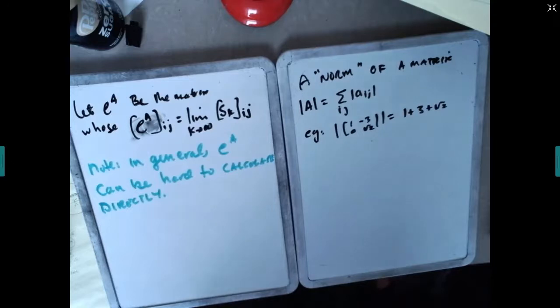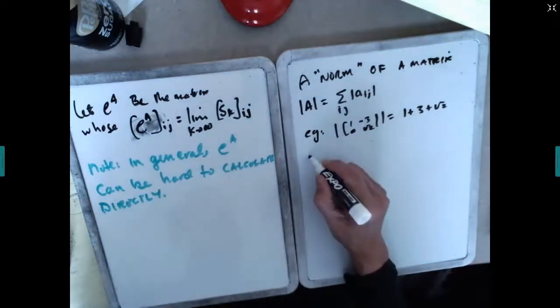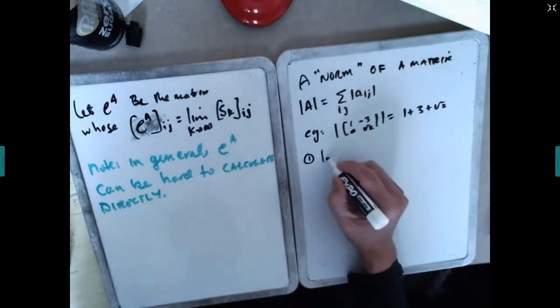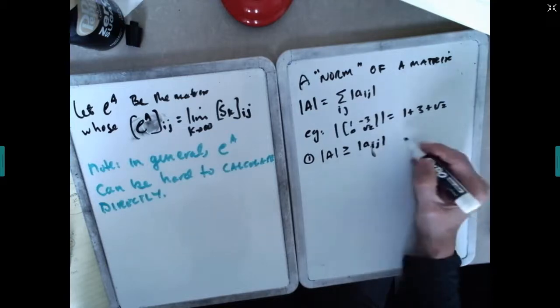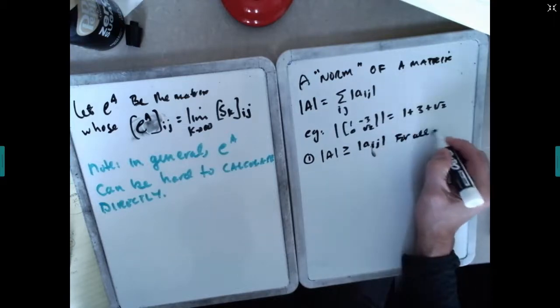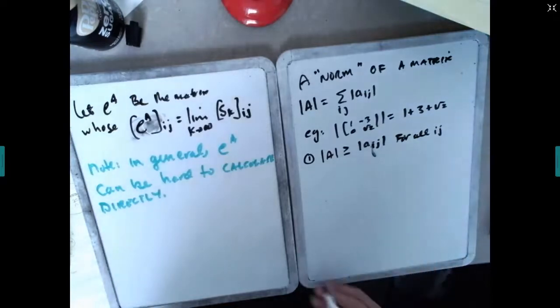But what I do want to point out, and I think this is an important thing to do, is the first thing is that the norm of A is greater than or equal to the absolute value of any one of its entries, for all ij that work.